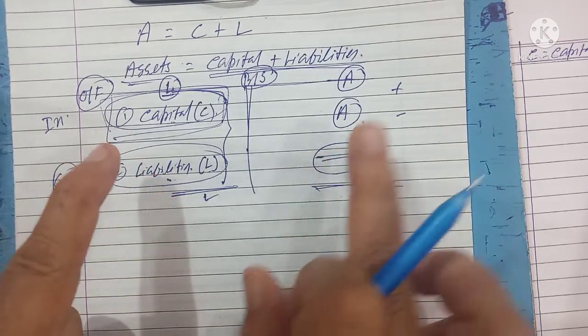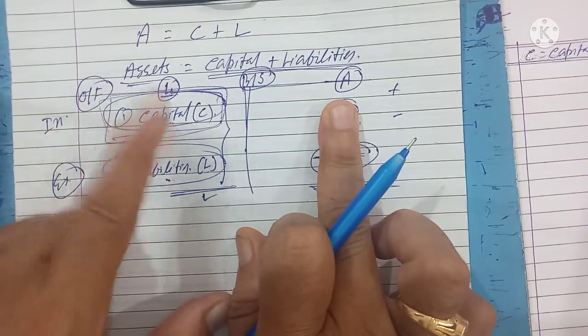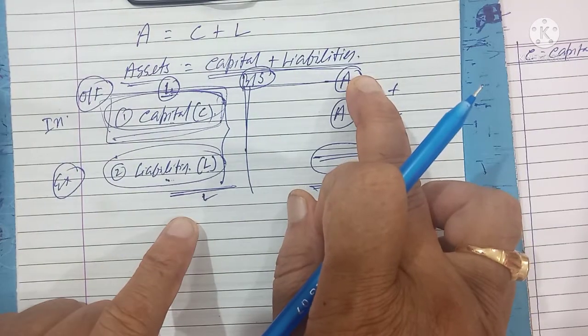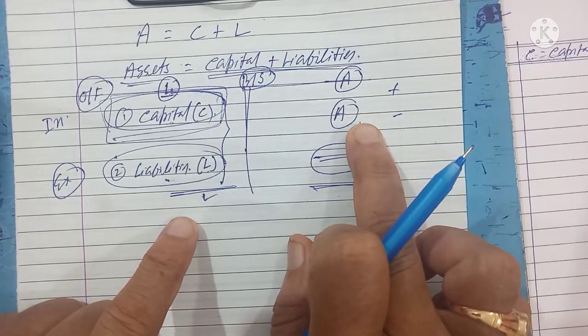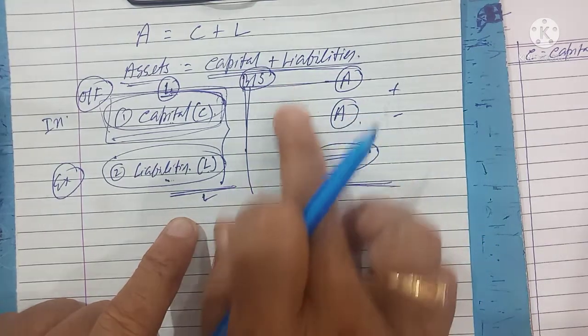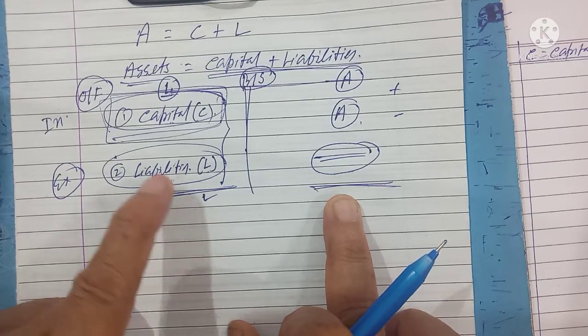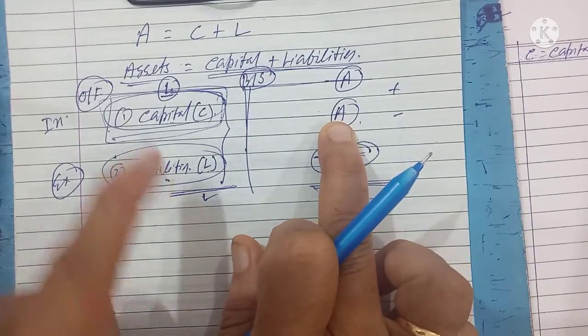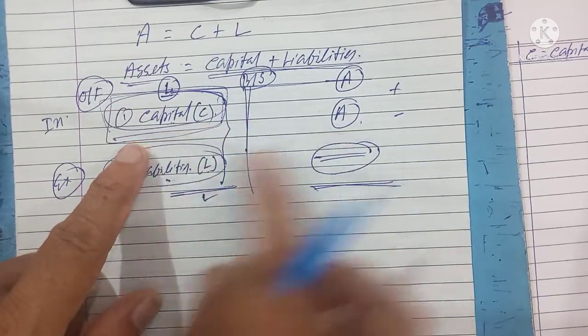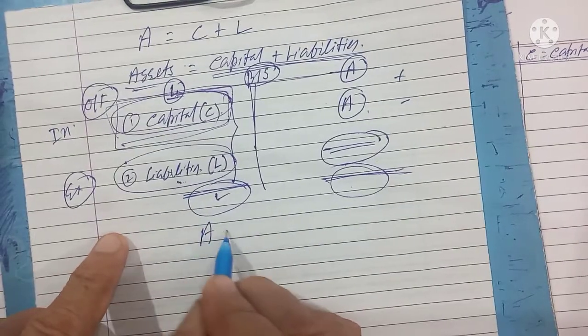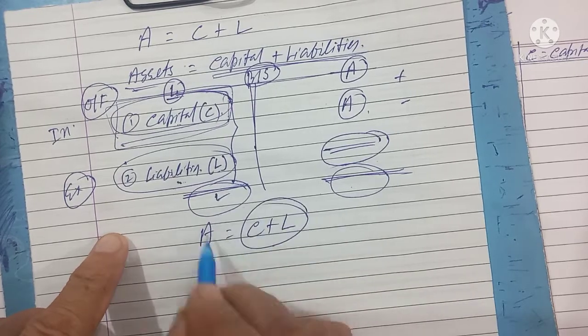Suppose if you add any amount to this side and the same amount to this side, the total will be the same. If you add a certain amount to this side and deduct a certain amount from another item on this side, you will get the total of this side the same. Sometimes if you deduct some amount from this side and deduct the same amount from this side, then also the total will be the same. So always you will find A is equal to C plus L.